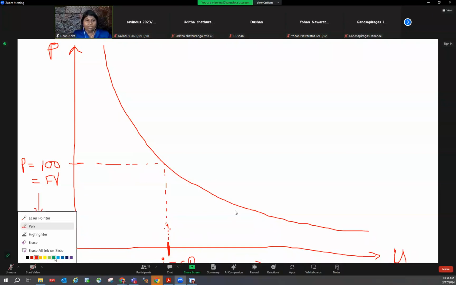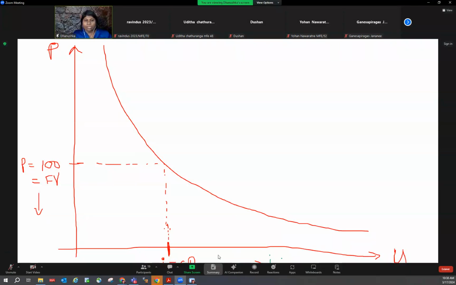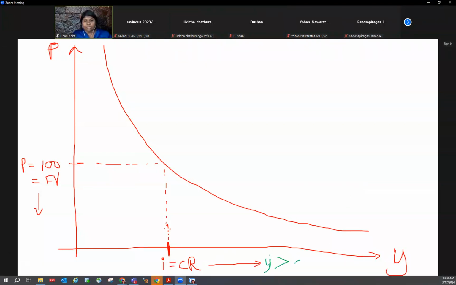And do you realize that any interest rate above this, your interest rate or your yield, I'm using interest rate, but yield is better word to use. Yield is greater than your coupon rate. Because this is the yield that will give you your coupon rate. Then any other interest rate is greater than your coupon rate.